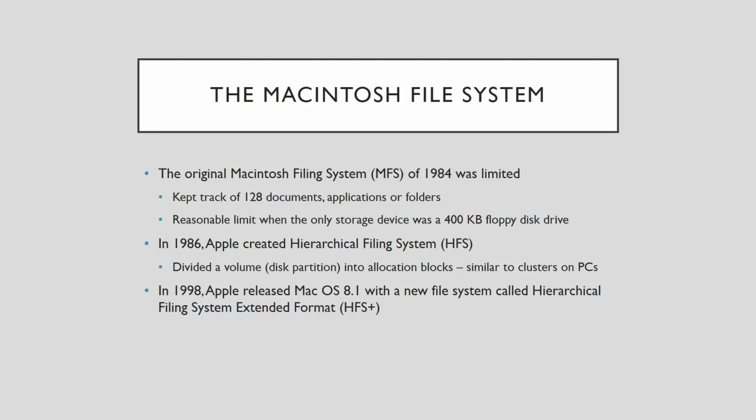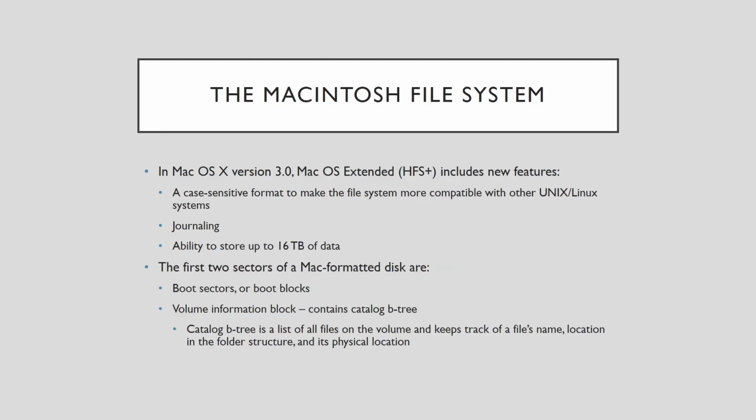Systems that use Mac OS 8.1 or later can format disks in either Mac OS Standard or Mac OS Extended hierarchical filing system format. However, Macintoshes with pre-8.1 versions of the OS can't read disks in extended format. In Mac OS X version 10.3, Mac OS Extended includes several new features.